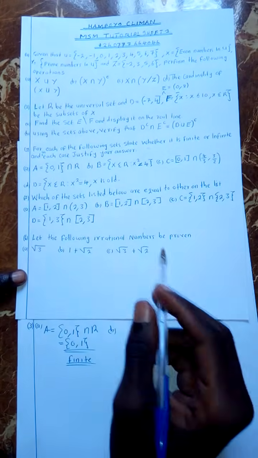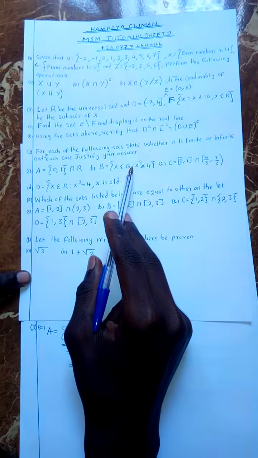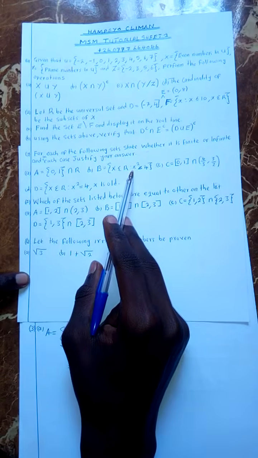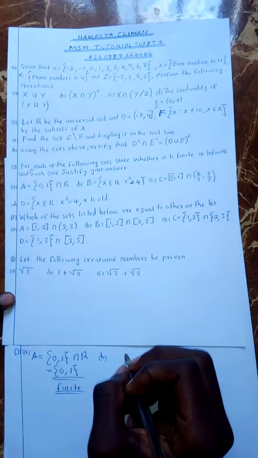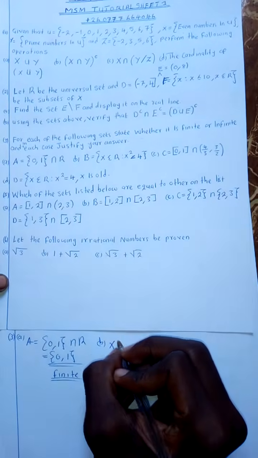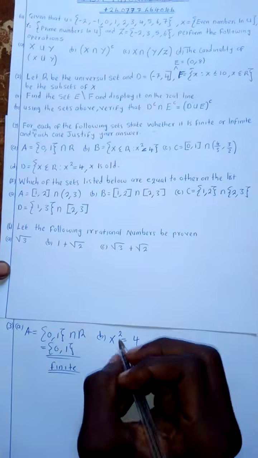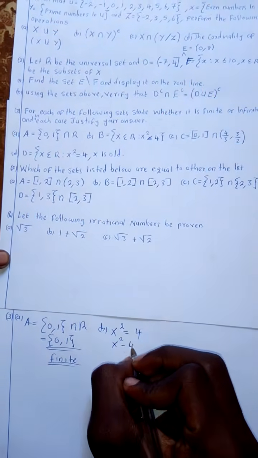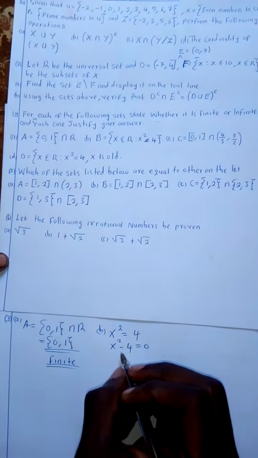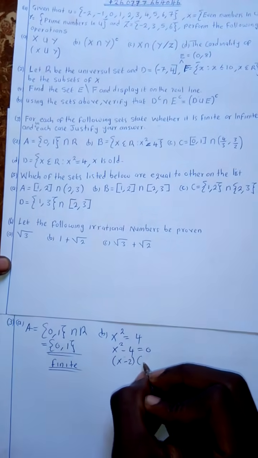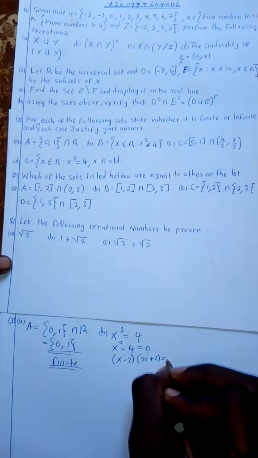B, they are saying X is a member of all real numbers where X squared is equal to 4. For this one, you are going to say X to the power 2 equal to 4, then X to the power 2 minus 4 equal to 0. Then you find the difference of two squares, which is X minus 2, X plus 2 equal to 0.